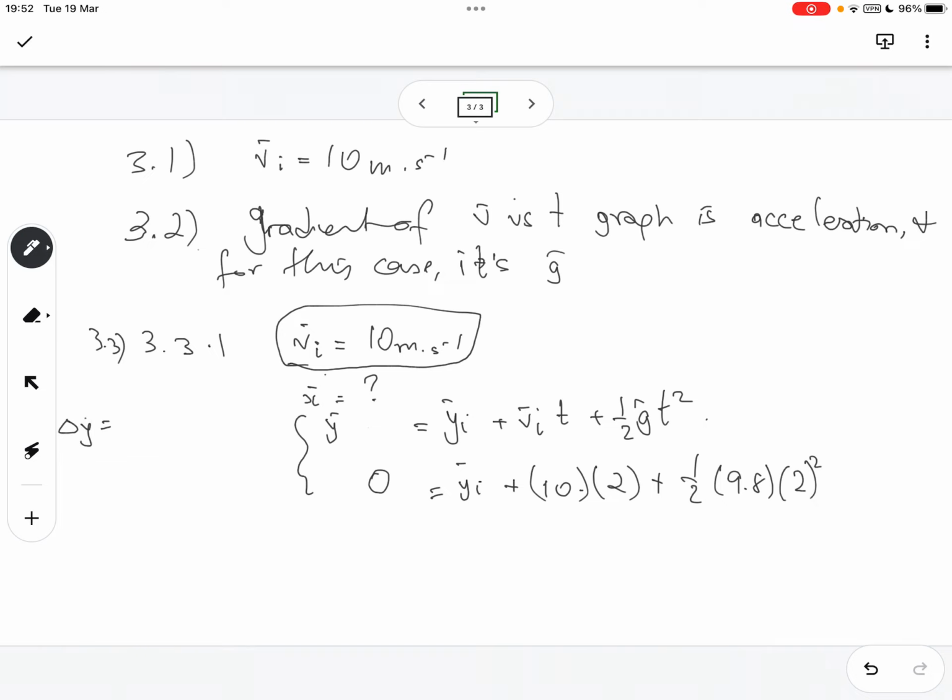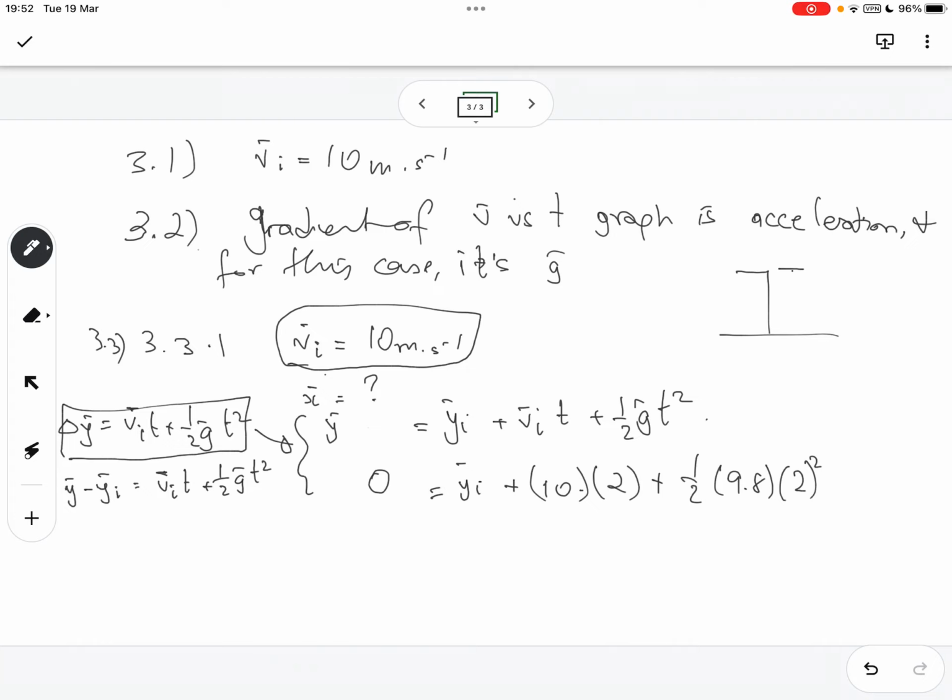Yes. So our equation that says delta y equals v i t plus half g t squared comes from this one: y minus yi equals v i t plus half g t squared.